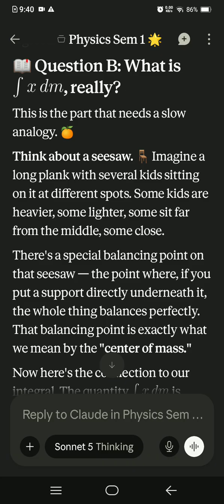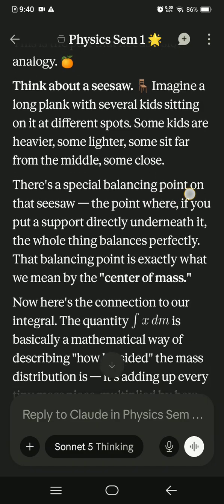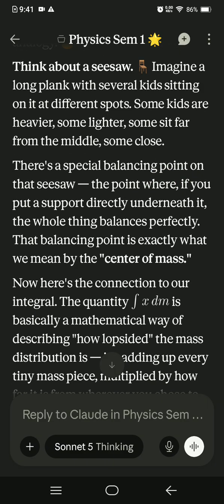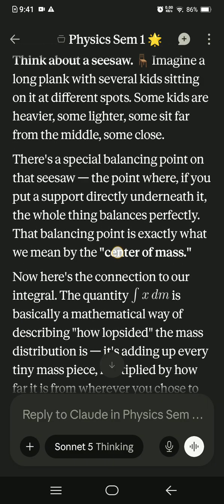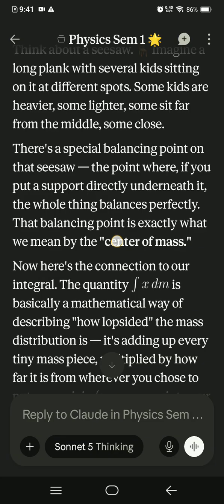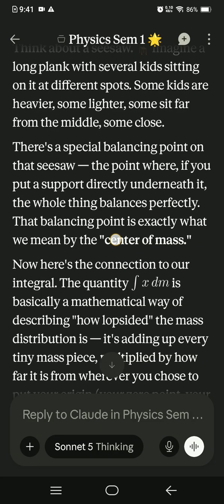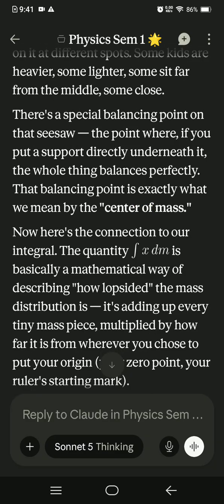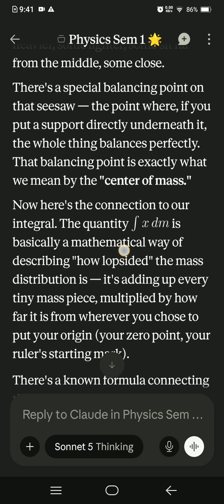Some kids are heavier, some lighter, some sit far from the middle, some close. There is a special balancing point on that seesaw, the point where if you put a support directly underneath it, the whole thing balances perfectly. That balancing point is exactly what we mean by center of mass.